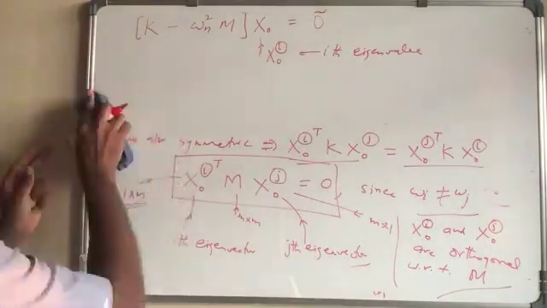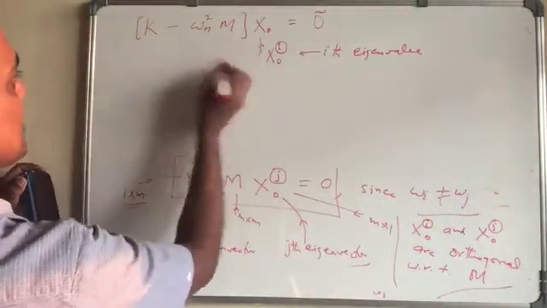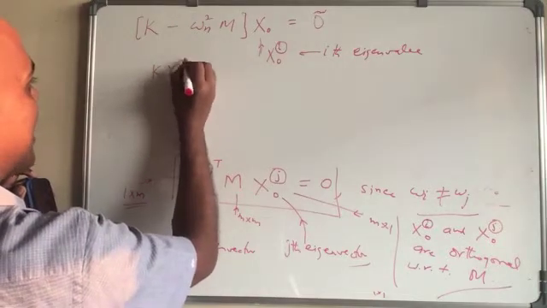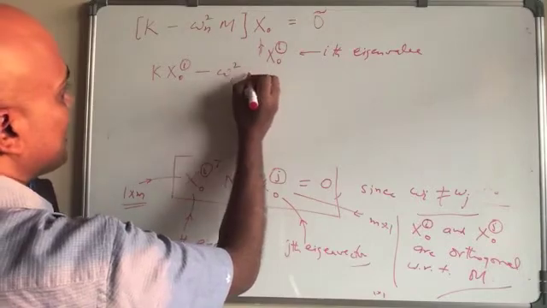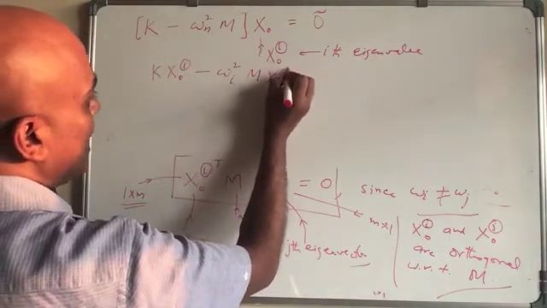what do we get? We get K x_i minus omega_i squared M x_i.